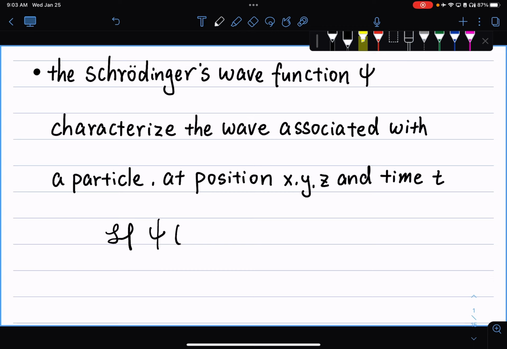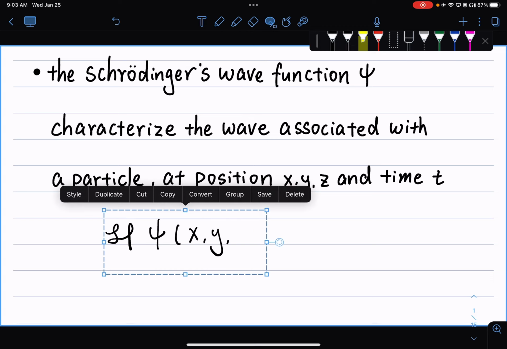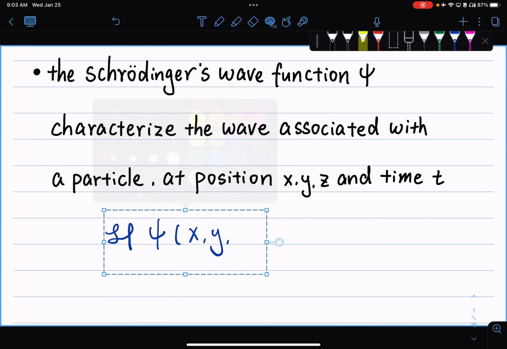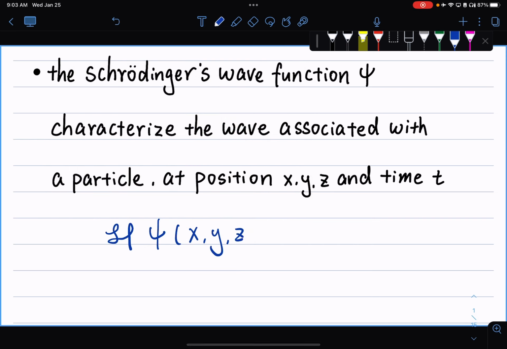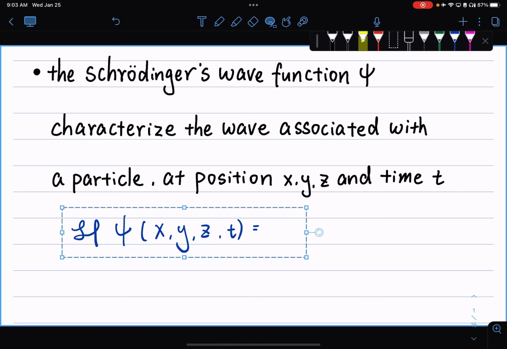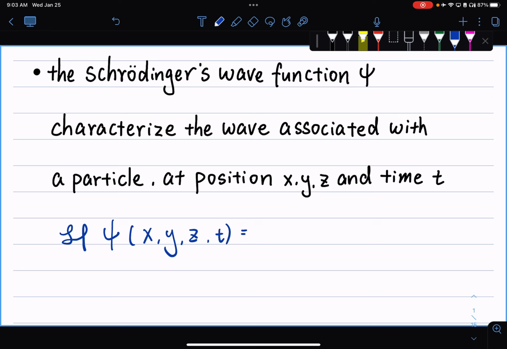And the wave function phi as a function of x, y, z, which is position, and time t. The Schrödinger equation is a differential equation. We'll see why that's a differential equation soon. That gives you the energy times phi of x, y, z, and t.